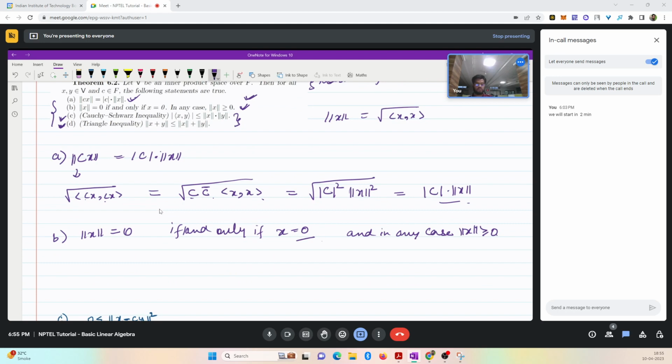If you remember what we proved, this thing is always greater than 0 if x is not equal to 0. What would it mean? This would mean that norm of x square is always greater than 0, or its square root is always greater than 0.